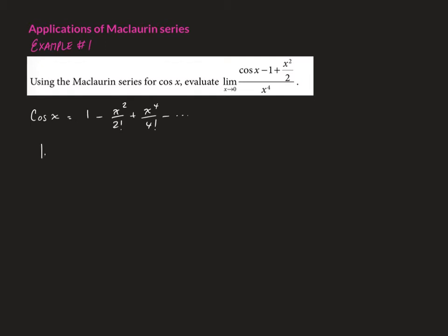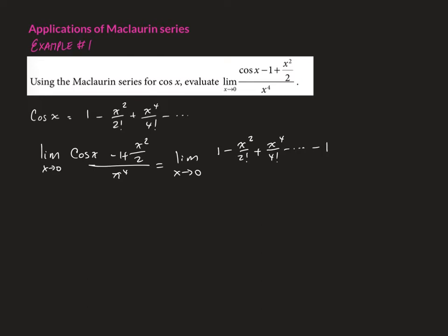That means the limit when x goes to 0 of (cosine of x minus 1 plus x squared over 2) over x to the power 4 can be written as 1 minus x to the power 2 over 2 factorial plus x to the power 4 over 4 factorial minus etc., minus 1 plus x to the power 2 over 2, over x to the power 4.